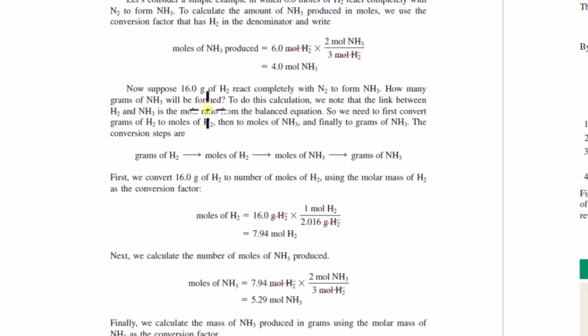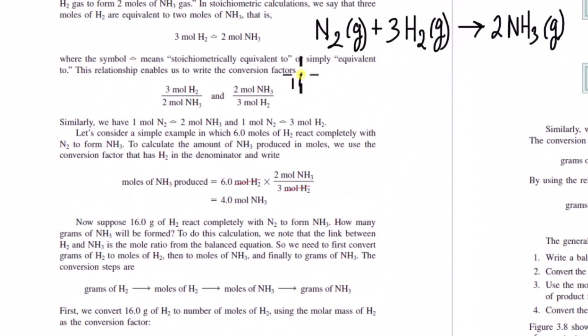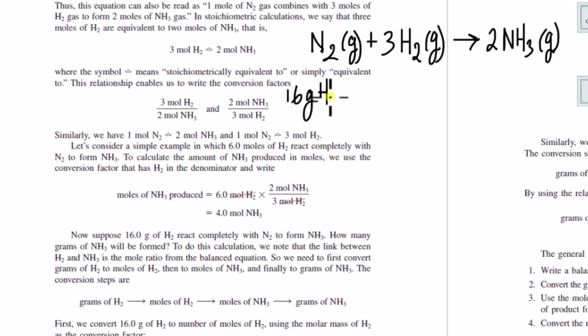Then we're in moles of that product or reactant, use molar mass to convert back to grams, and then if we want to go from grams to some other mass unit, then just do a conversion. So if we start off with 16 grams of H2, we're trying to find out the grams of ammonia produced from 16 grams of H2.